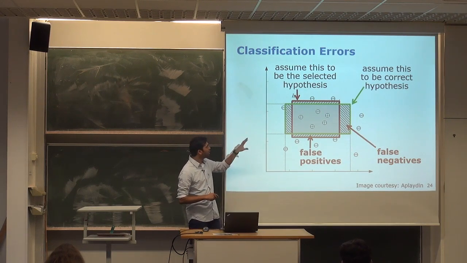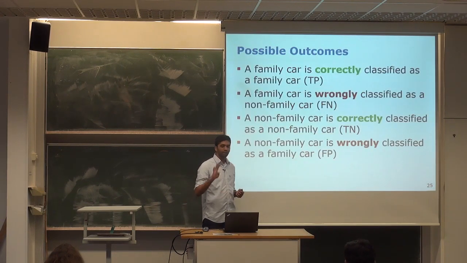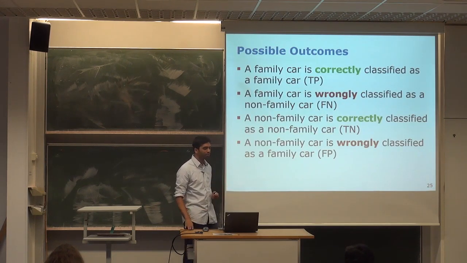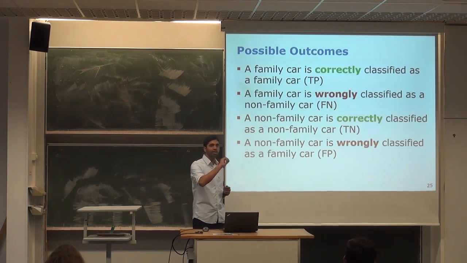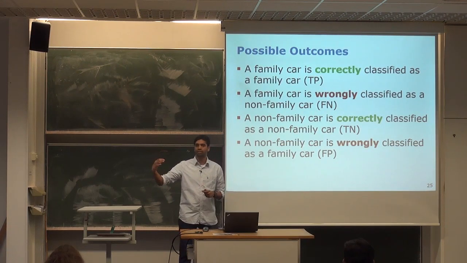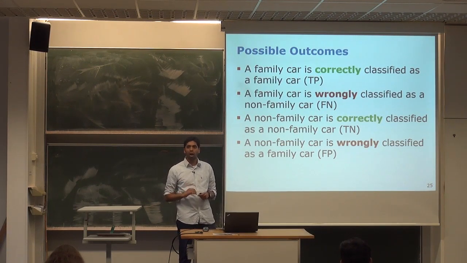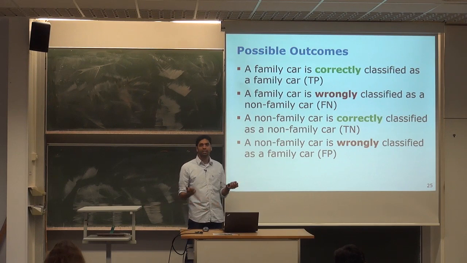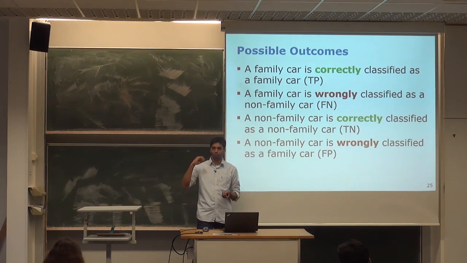If you look at all the possible outcomes, there are actually 4 possible outcomes for a given sample. If you ask the question, given x, you give me a class, there are 4 possible outcomes. The first one is the best case, called a true positive.